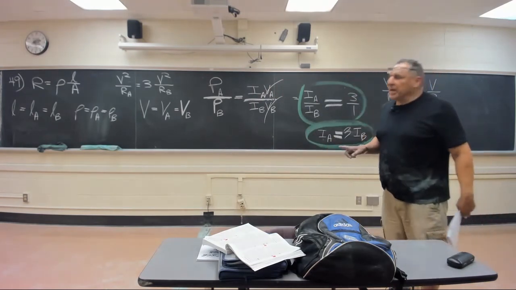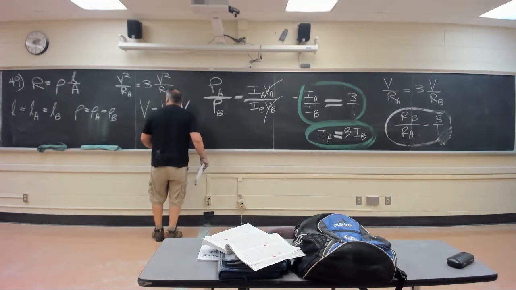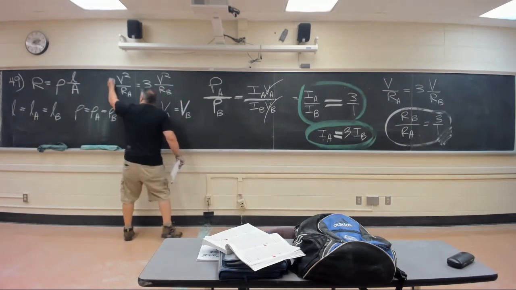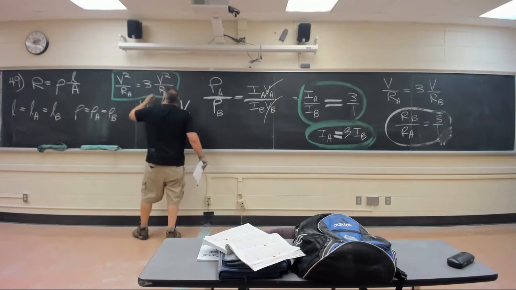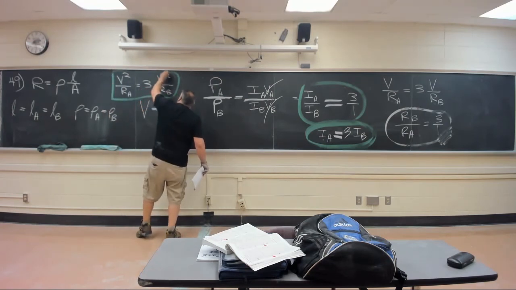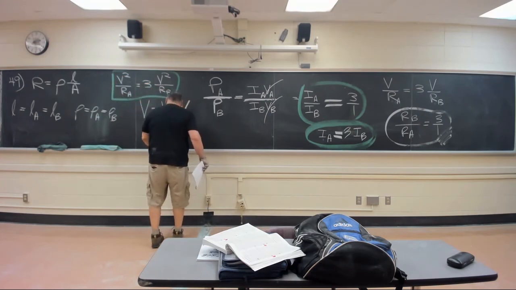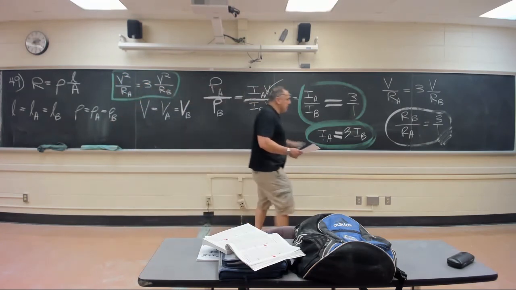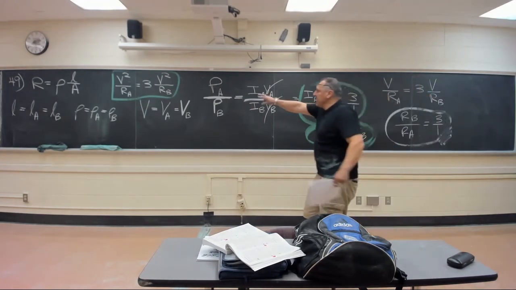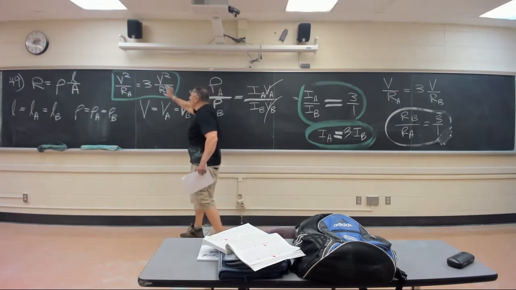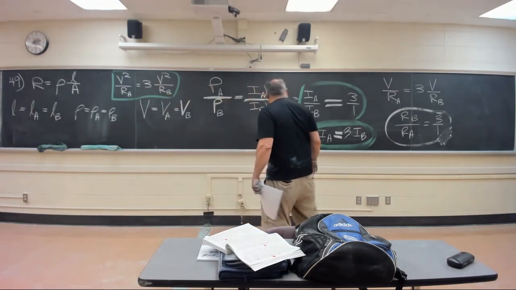I don't think I went this way in my notes, but this is also a way you could have done it. Cancel the V squareds on each side, divide by V squared on each side, and multiply by RB on each side, and you got the same thing you got here.